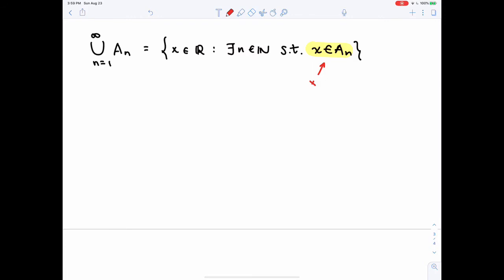When you say that x is in the set from 0 to 1 over n, what that really means is that x satisfies an inequality. So I want to figure out which real numbers x satisfy the inequality for at least one value of n.